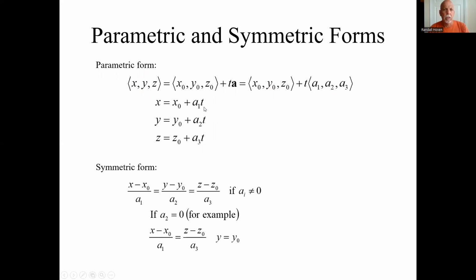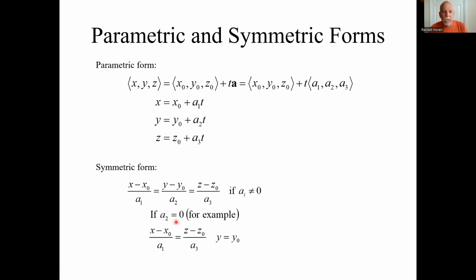If you look here, you could solve for T for each of these. So T here would be X minus X0 over A1, as long as A1 isn't 0. If I do that, I would get these 3 things being equal to each other, as long as those A's aren't 0.